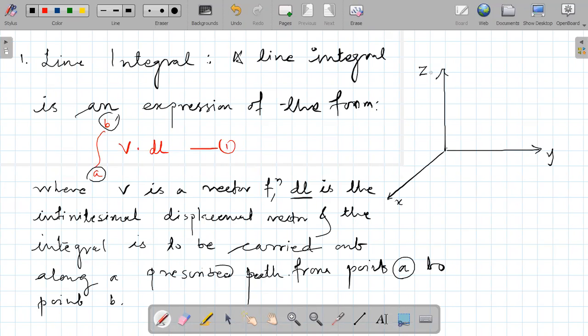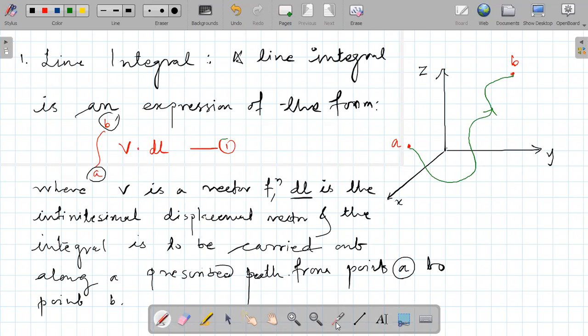And suppose A is your initial position, and the final position is B. Here the particle is traveling from point A to B.